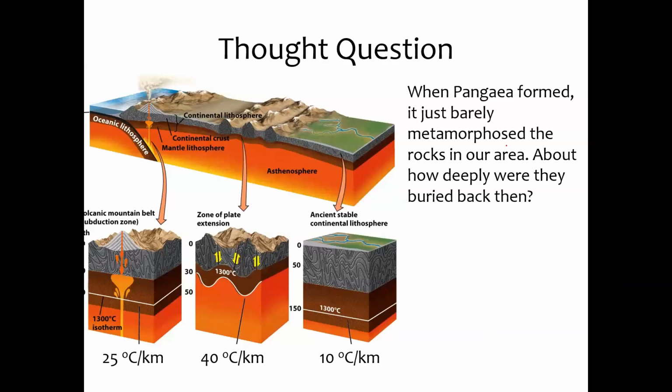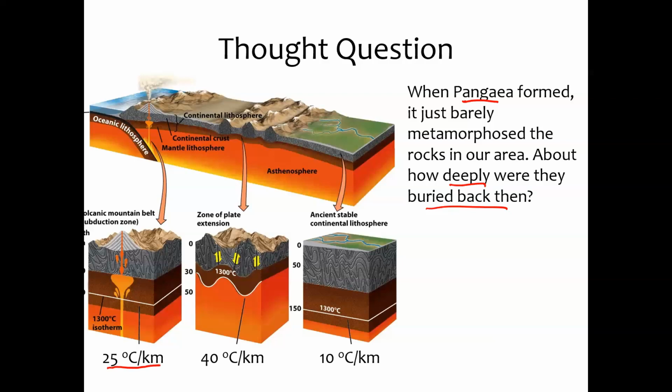If we just barely started to metamorphose the rocks in our area when Pangea formed a few 100 million years ago, about how deep were they buried back then in order for that to happen? So when Pangea formed, we had one continent crashing into another one. So this might be a better model to use in that case.